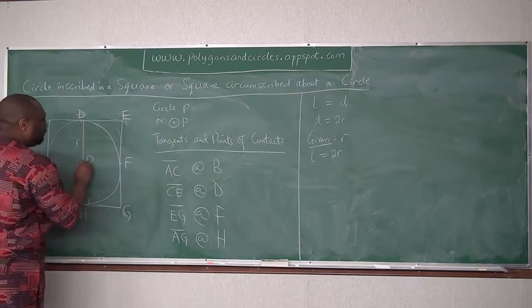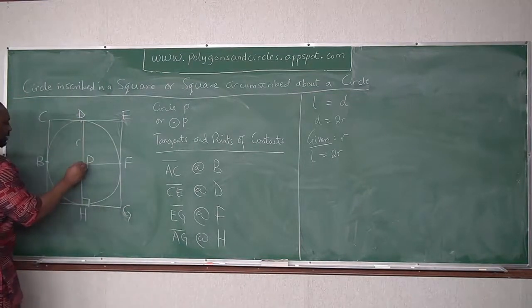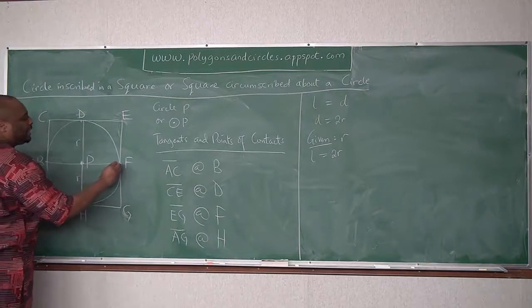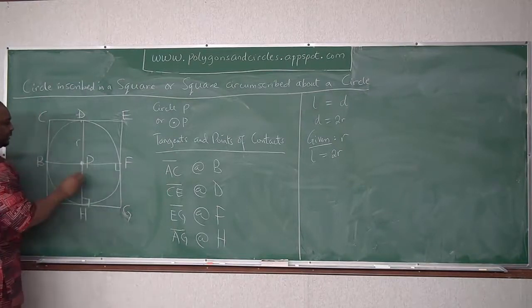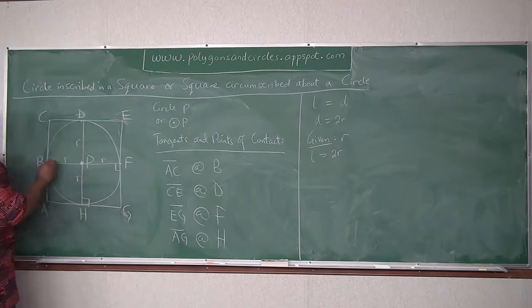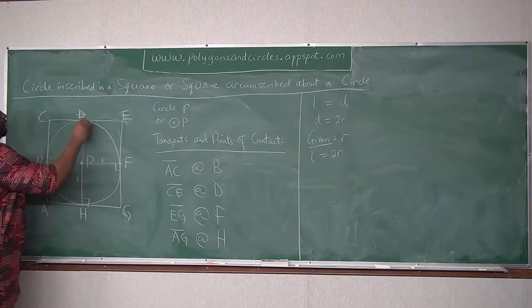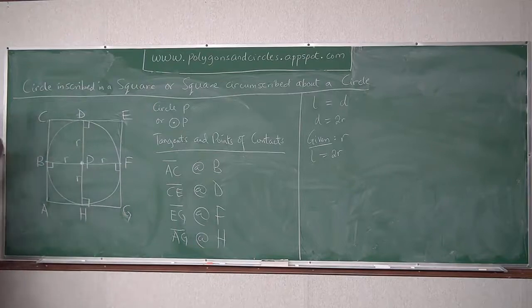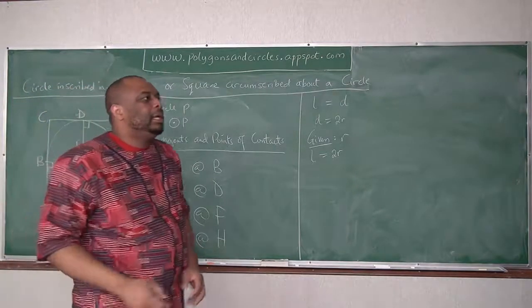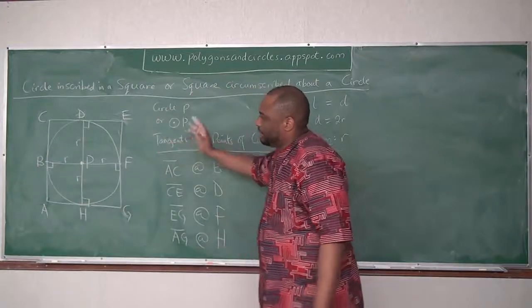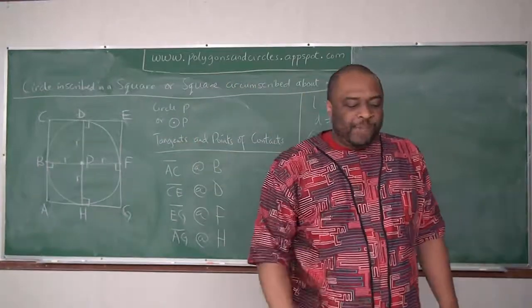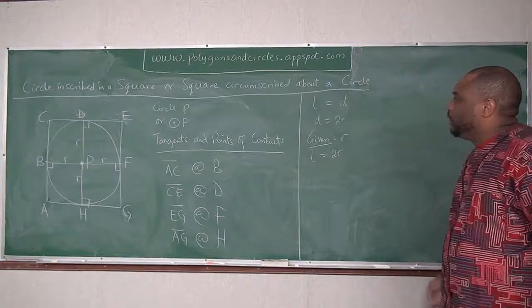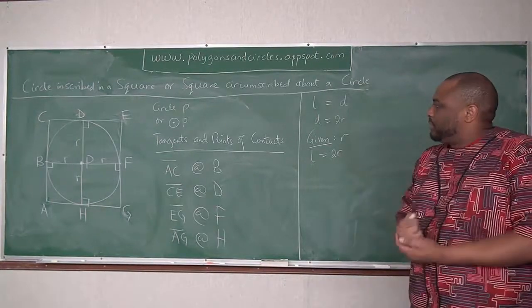If we extend all this here, we see that the radius is perpendicular to the tangent at the point of contact. So you actually have 4 quarters here. So the length will be 2 times the radius.